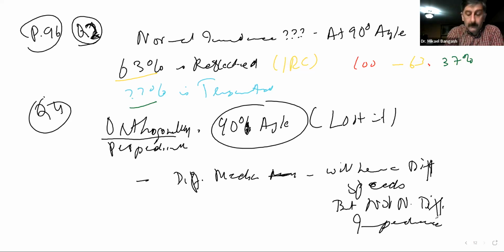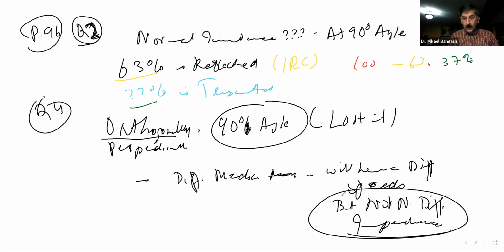So that's the explanation of why we don't have a reflection here. Did that make sense? Yeah, okay. So please keep that in mind.